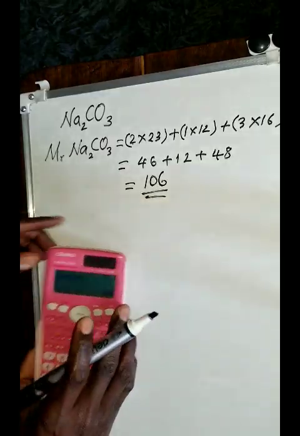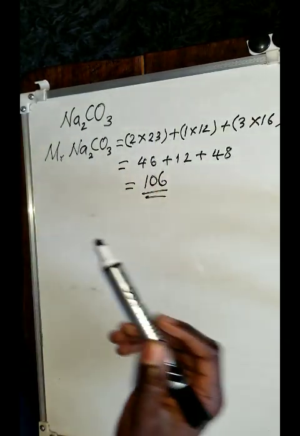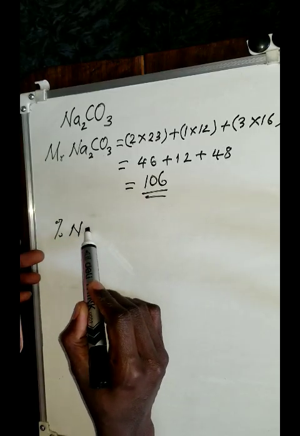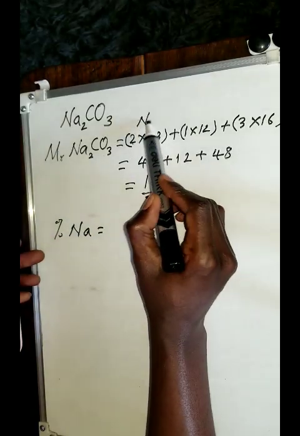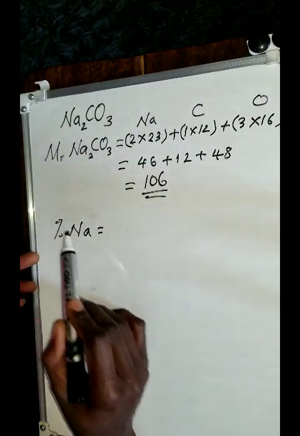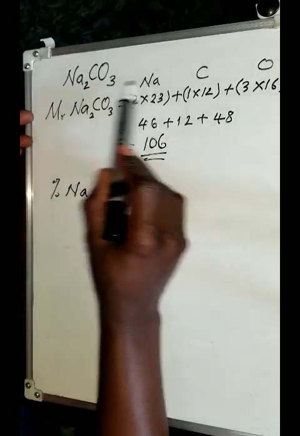So now once you find the Mr, you can find the percentage composition of each element. Let me start with the percentage composition of sodium. Remember this was for sodium, for carbon, and for oxygen. If I want to find the percentage composition of sodium, I ask what is the mass of sodium in the compound?